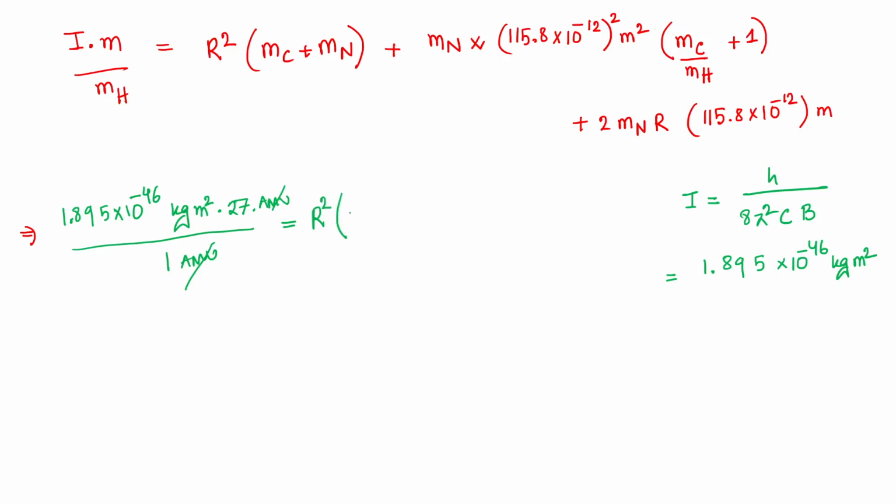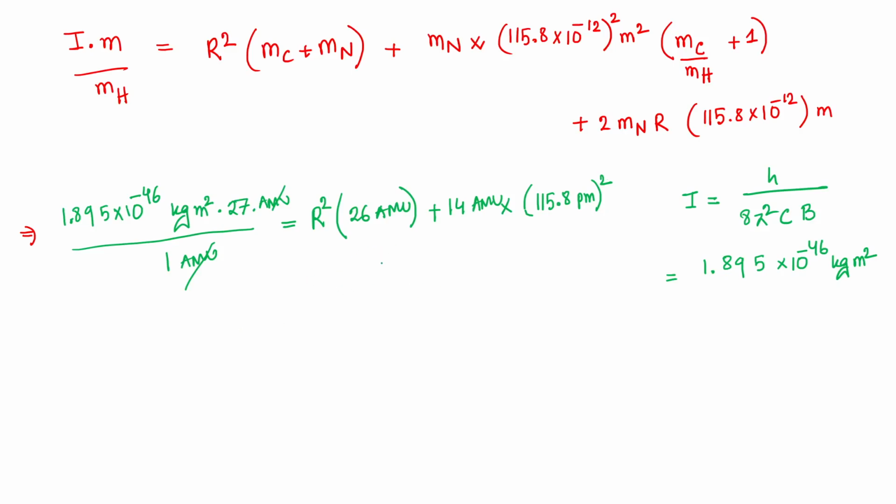We know the value of MC and Mn, that is 12 plus 14, that is 26 AMU, plus Mn, we know Mn is 14 AMU, multiplied by this. I will just keep it like that. Maybe I will write picometer square only.